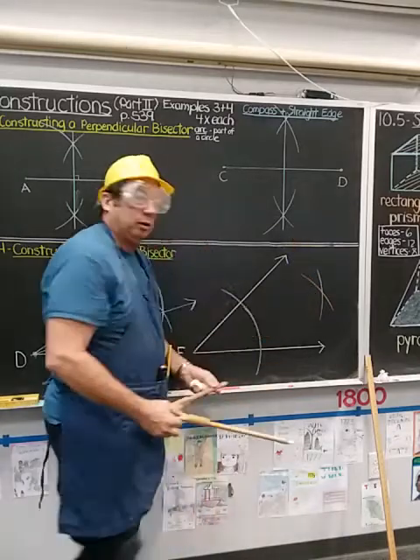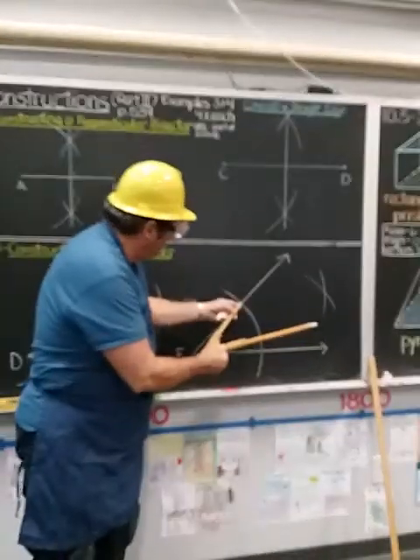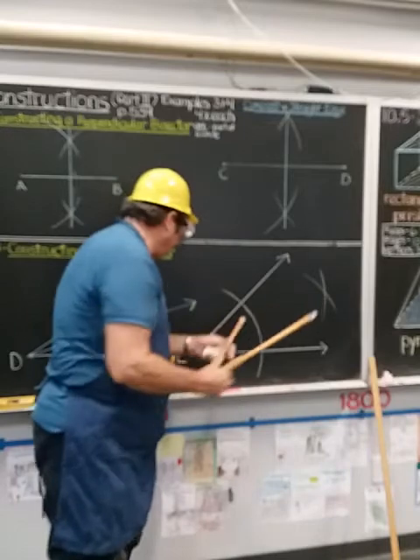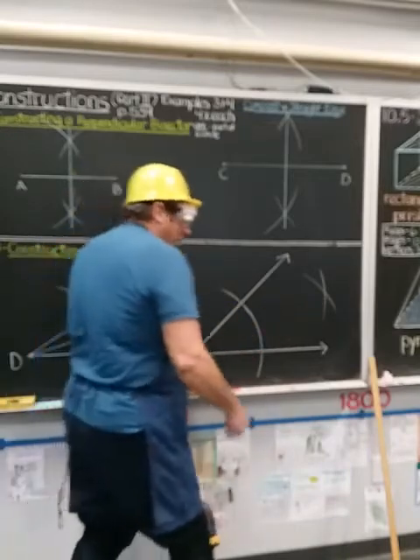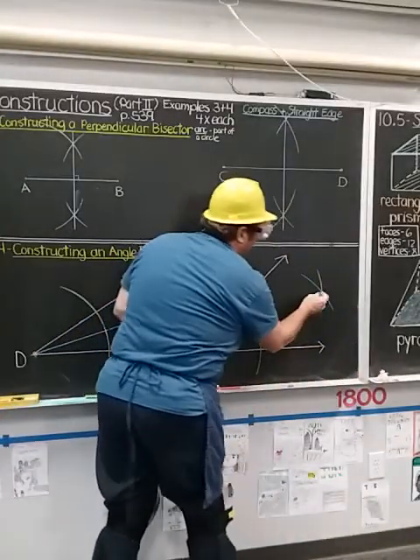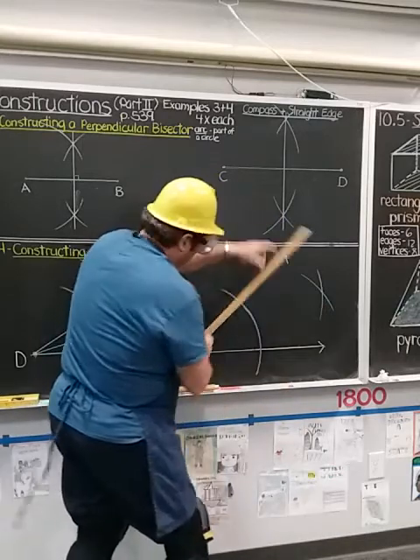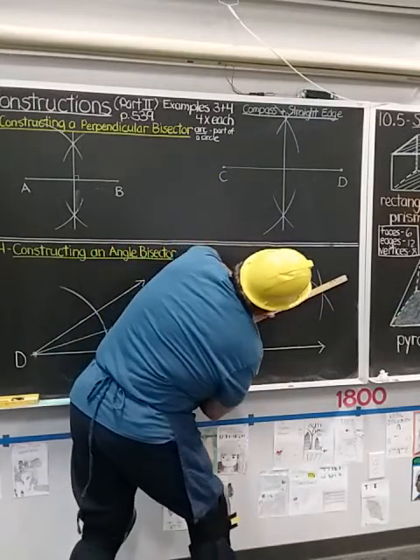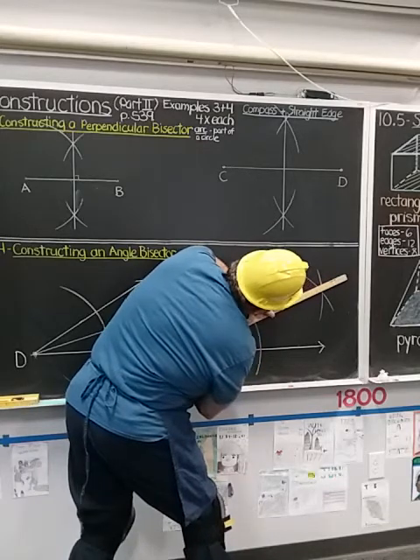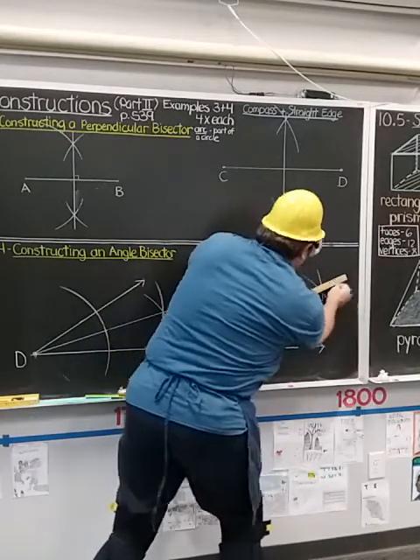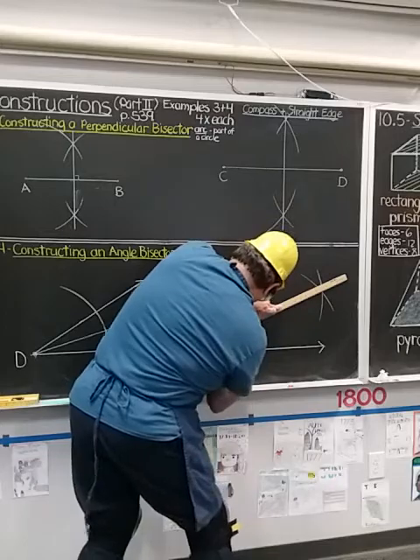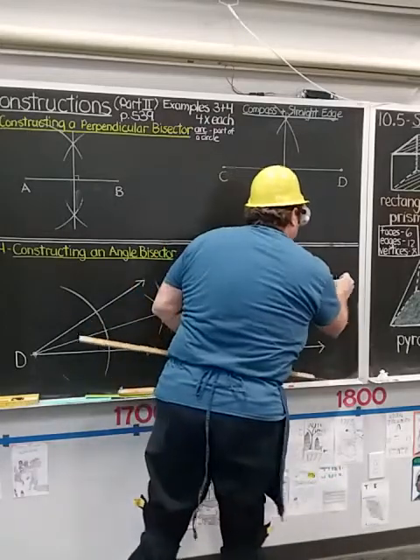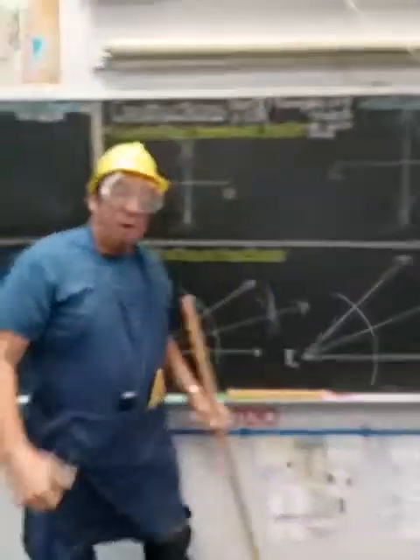I draw another arc using this as my point out that way also, and where they intersect it makes a point. This point right here now becomes something I can draw a new ray with. All right, I draw my new ray.